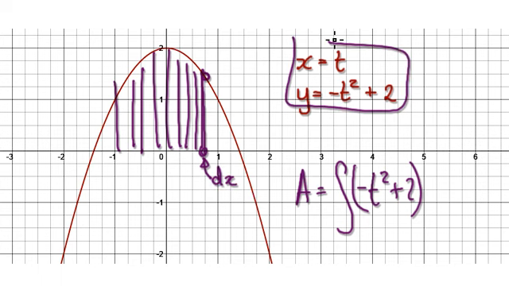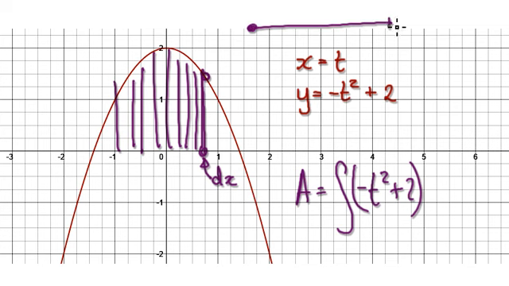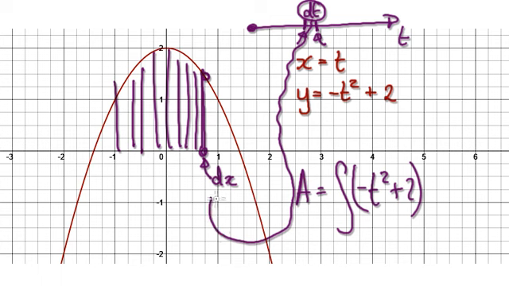But the thing is, when we're working in parametric equations, we are working in terms of time. Let's say at the moment the time is here, and then the next minute the time is here. So a small change in time, a small dt. How would that relate to the small change in the x direction, the dx?